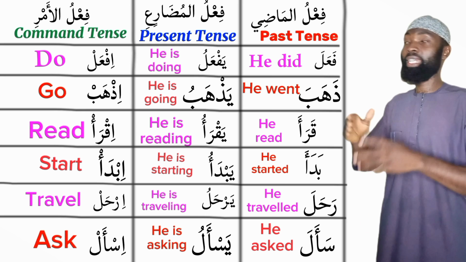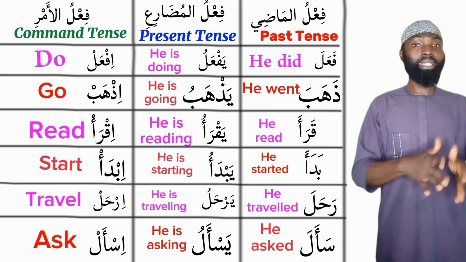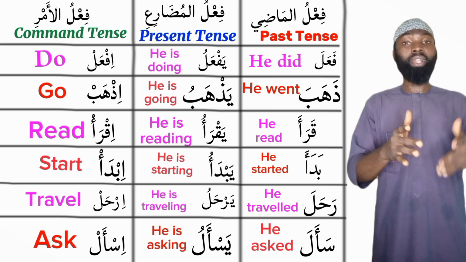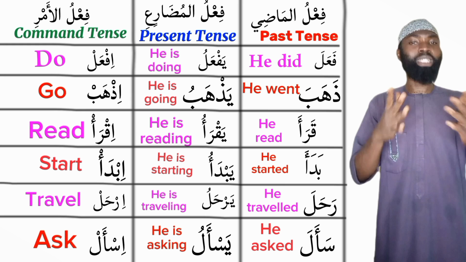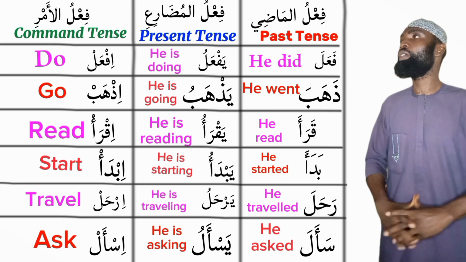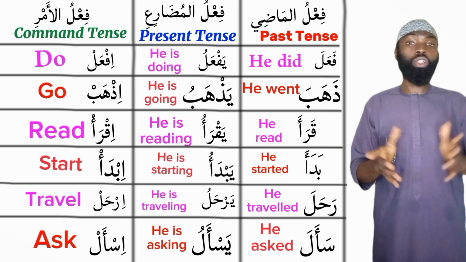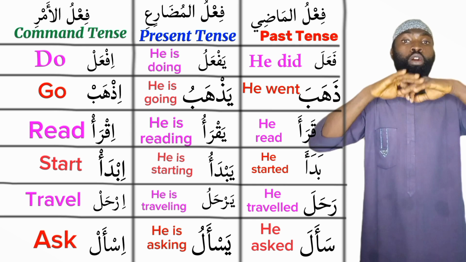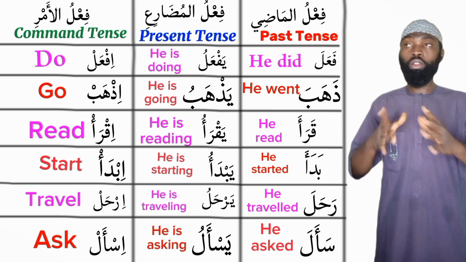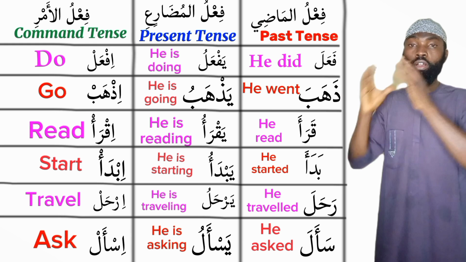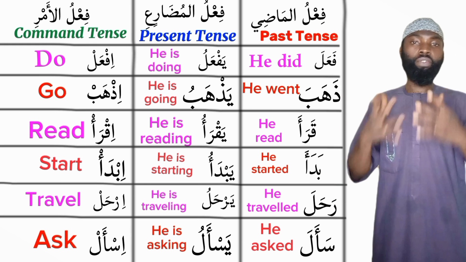So the first pattern we have, because we have a lot of patterns that we'll be coming with in the coming videos, and these are going to be simplified to our best, inshallah. The first pattern is fa'ala, and this first pattern houses most of the words. The words that fall under this pattern are more. So if you know these words alone, all the other patterns will be very easy.